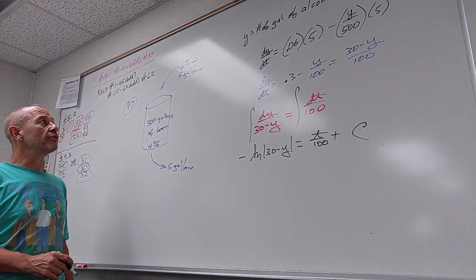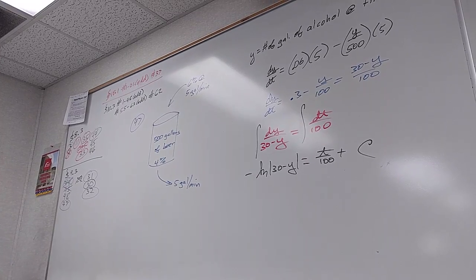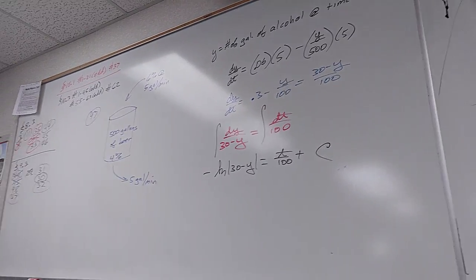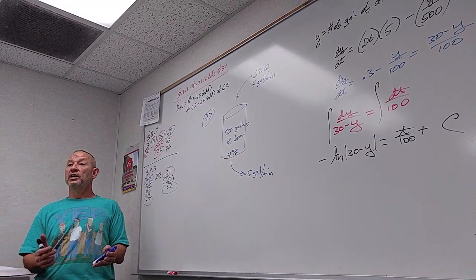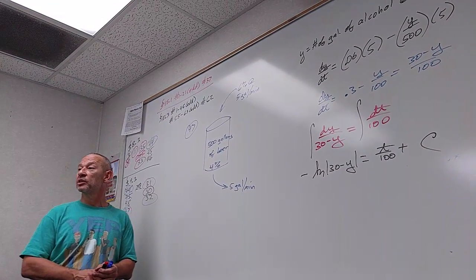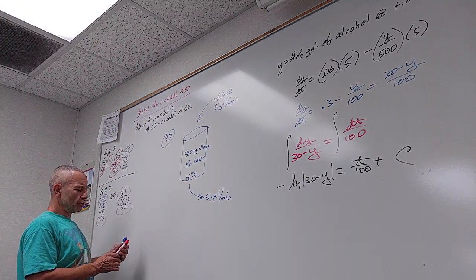Tell me about the absolute value. Don't need the absolute value or do need it? We're going to find out in a minute as soon as we do the initial condition. Right? So let's find out how much do we start out with.